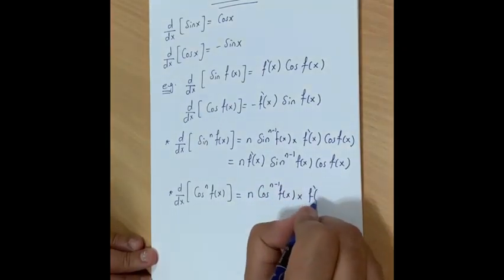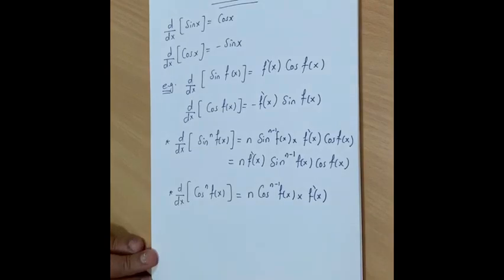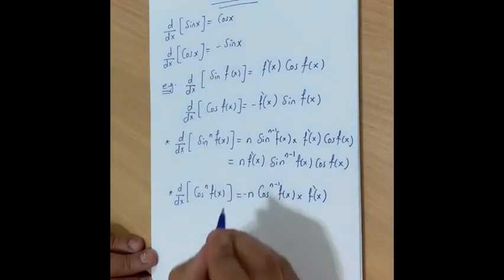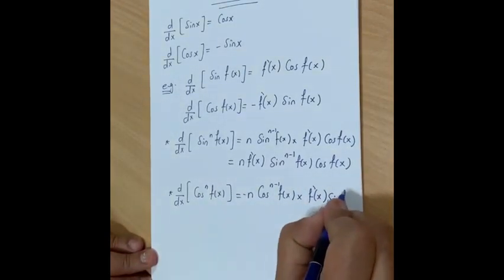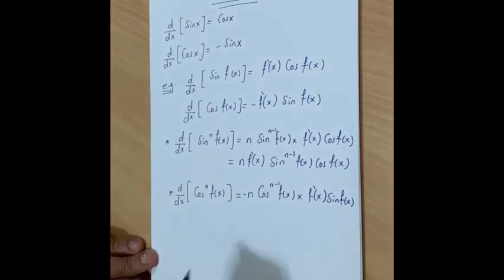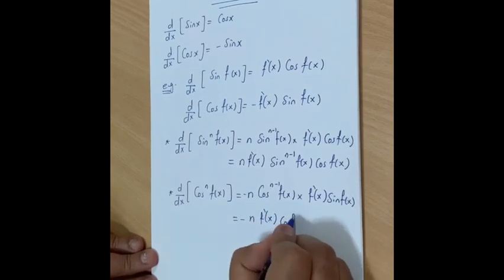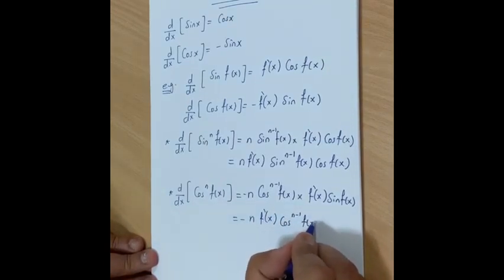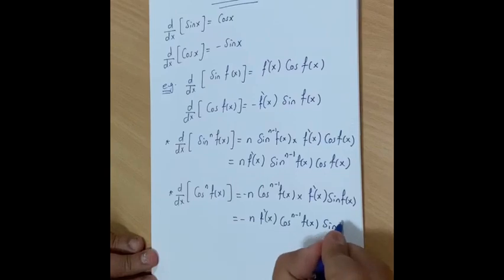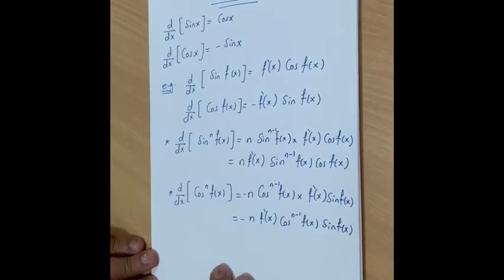Differentiate f of x, which is f dash of x, and derivative of cosine is negative sine f of x. So the final answer is negative n f dash of x cosine to the power of n minus 1 f of x sine f of x.